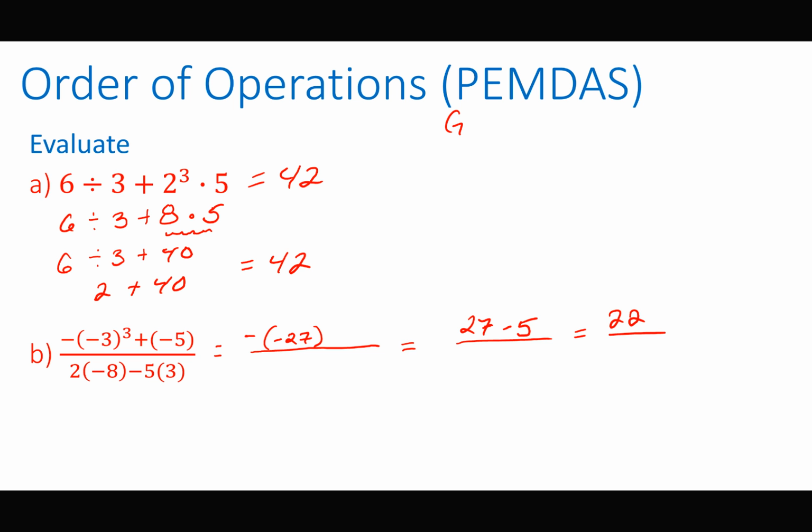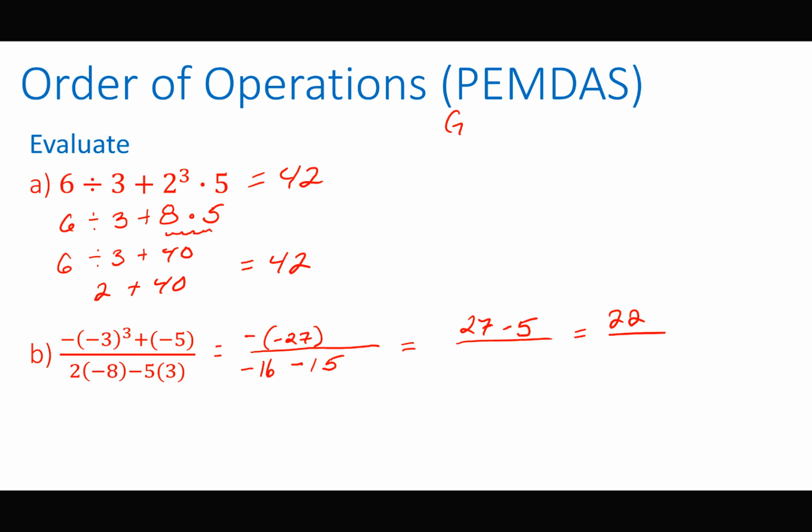All right, and then in the denominator, we have two things that are being multiplied with subtraction between those. So this would be a negative 40. And then I'm going to keep it as subtraction. I'm going to treat the 5 positive. So it'd be negative 40 minus 15. Or 40. Where am I getting 40 from? I don't know where I'm getting 40 from.